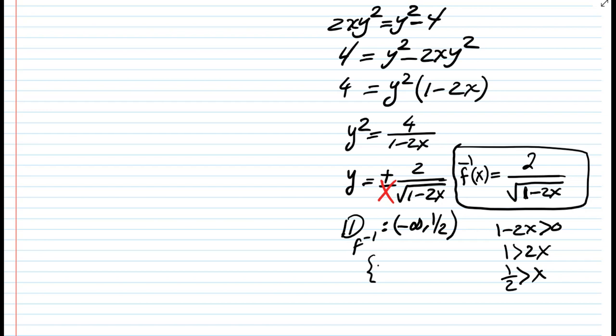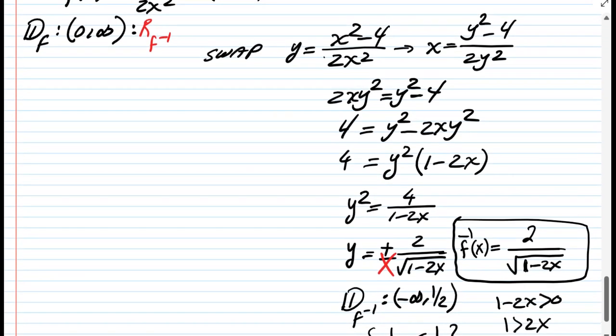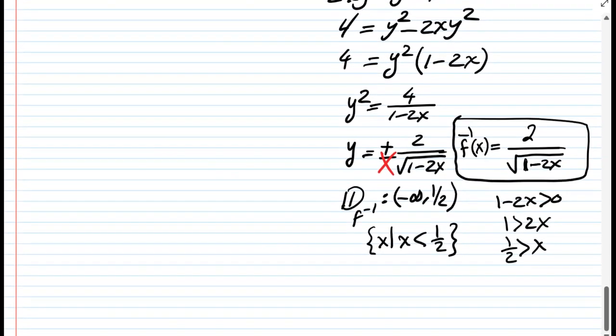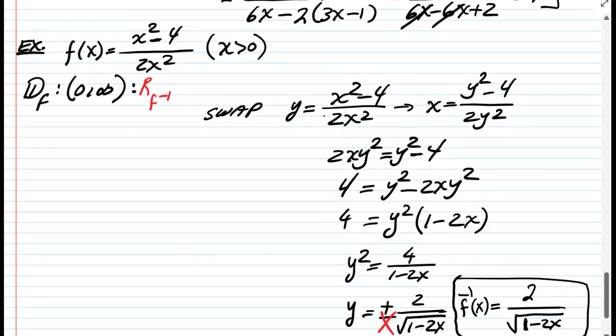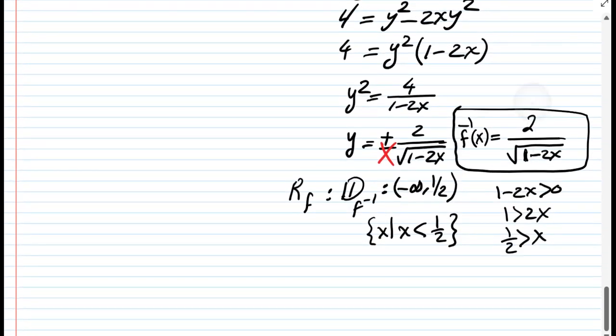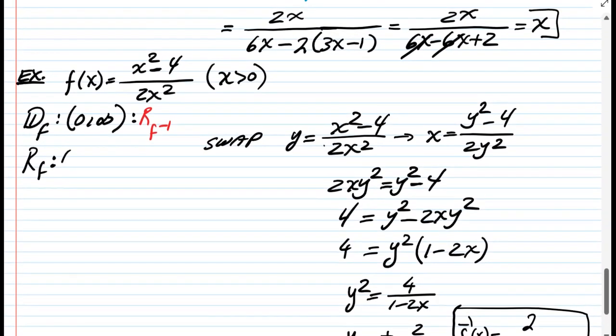We can write it in set builder notation, like so, also. Either interval or set builder notation. Now the domain of the inverse function here is going to be exactly the same as the range of the function. So for this one, the range of f is going to be from negative infinity to 1/2.